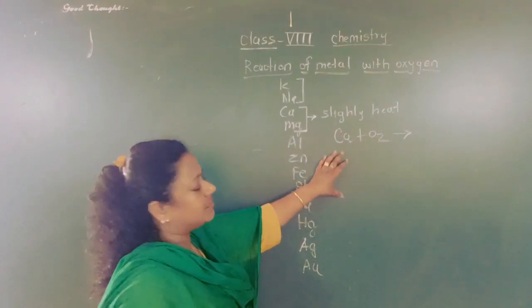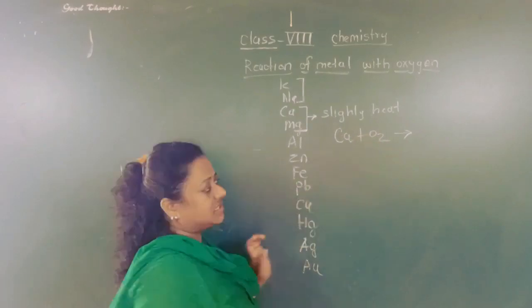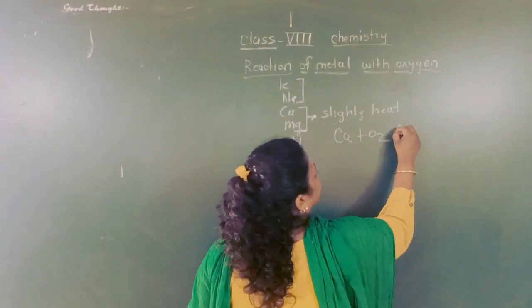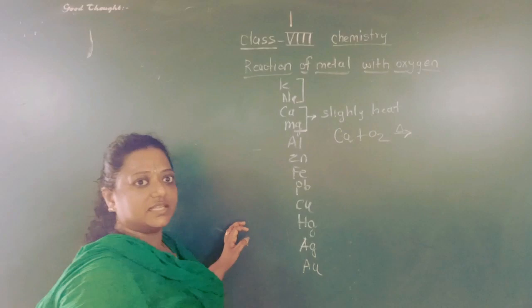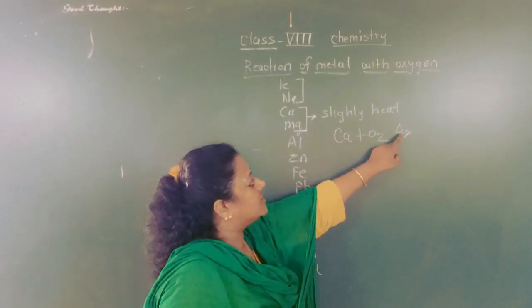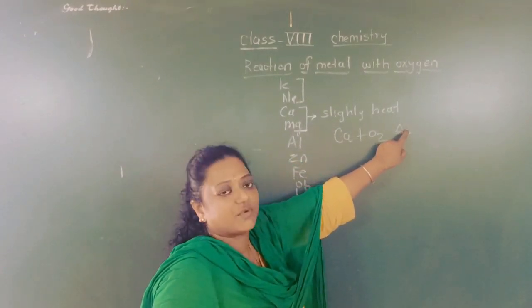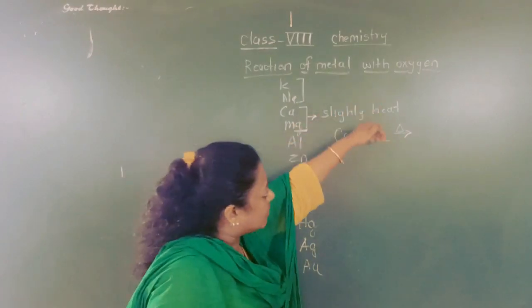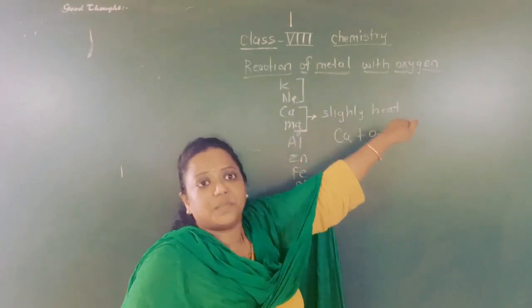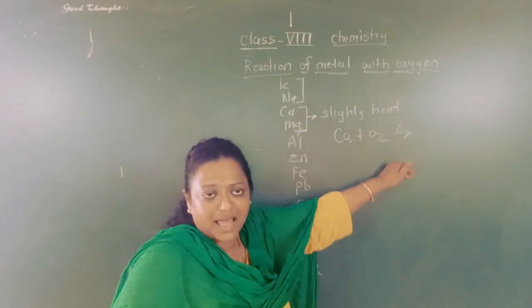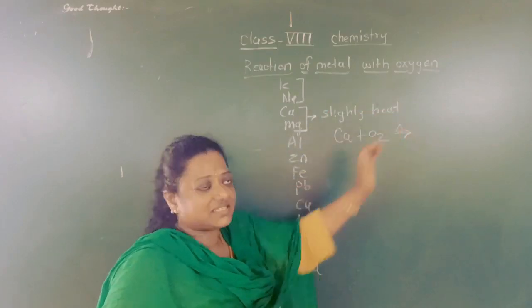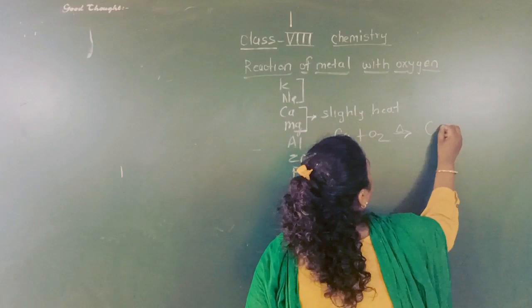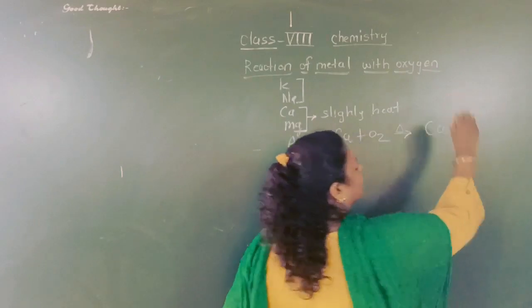When calcium reacts with oxygen, it means burning with oxygen, and this is the symbol of heat, that is called delta. When we burn calcium in the presence of oxygen, or supply it heat, what will form?